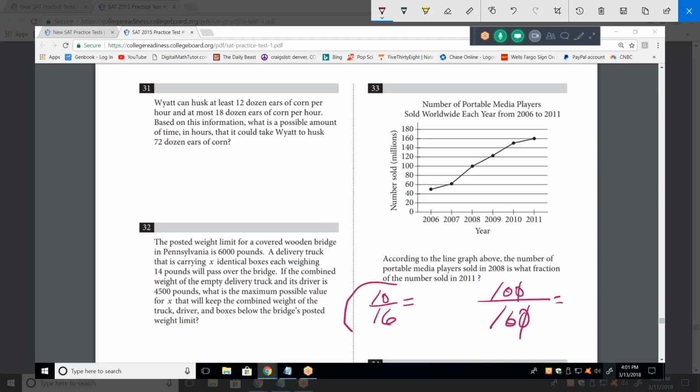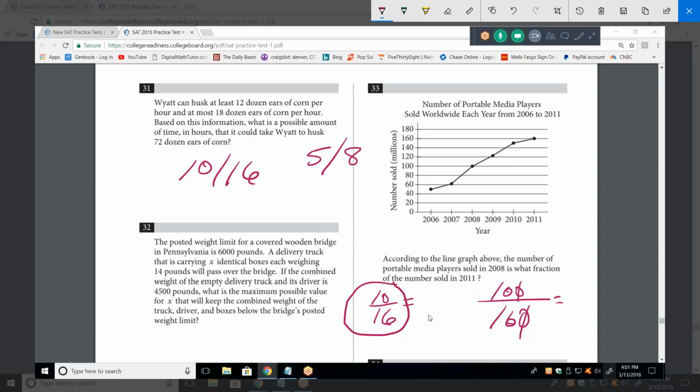Actually, that is an acceptable answer, believe it or not. When you are in the grid-in section of the SAT, you do not have to simplify fractions. You can certainly convert that to a decimal using your calculator if you wanted. But you can grid it in like this, and that would be accepted. It's also 5/8, so they would also accept that.